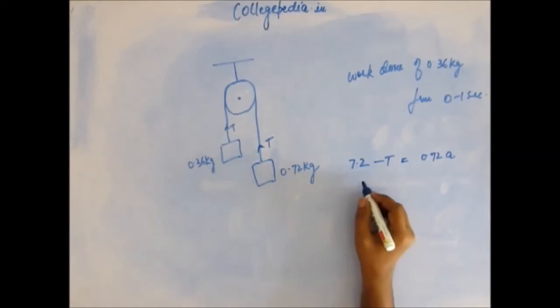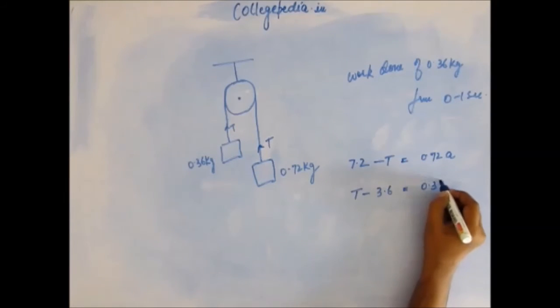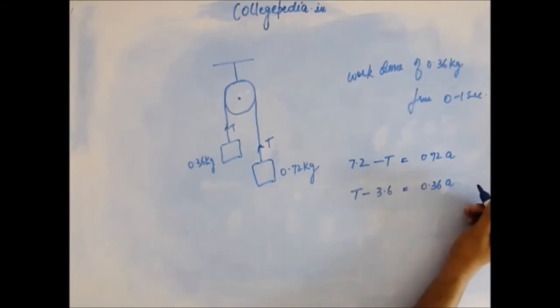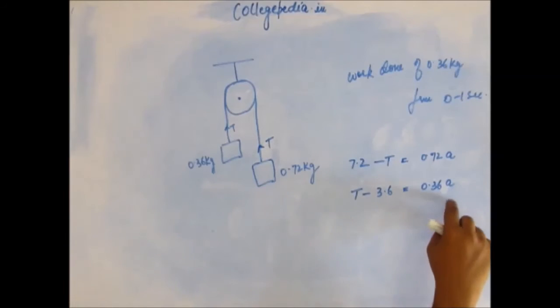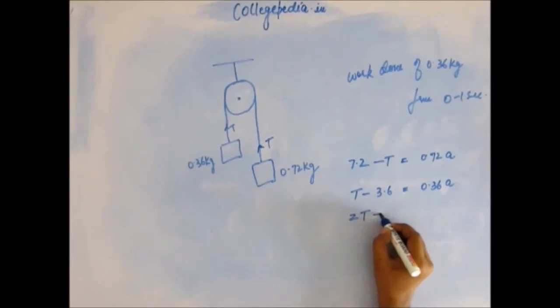For this one, tension is pulling it up. So T minus 3.6 will be equal to mass into acceleration. Now you have these two equations. We have to find tension, so we have to eliminate a. So we just multiply the second equation by 2.